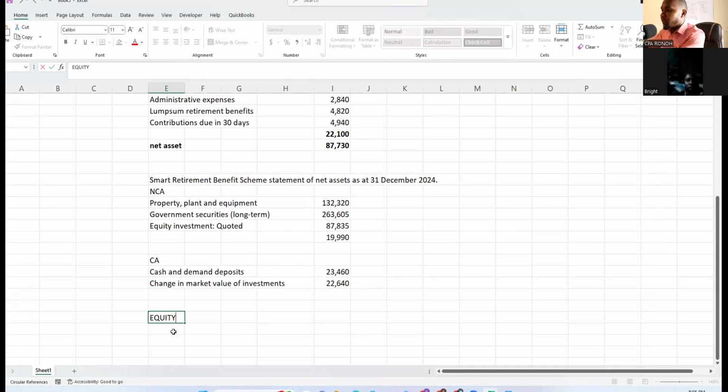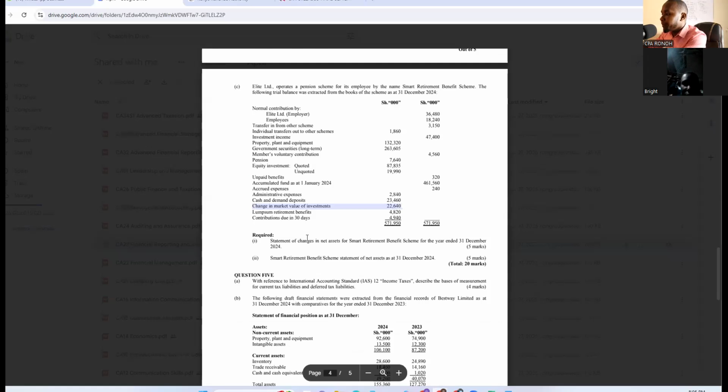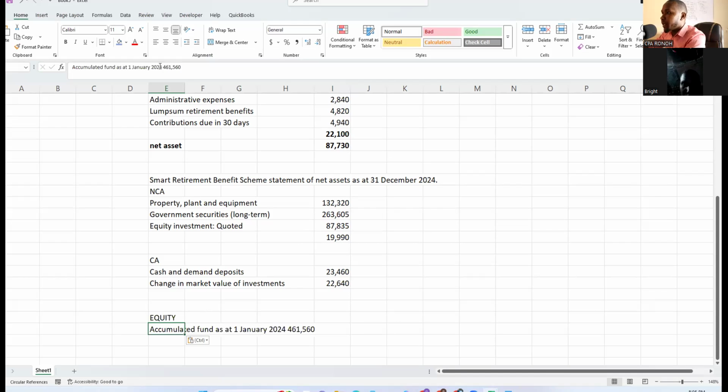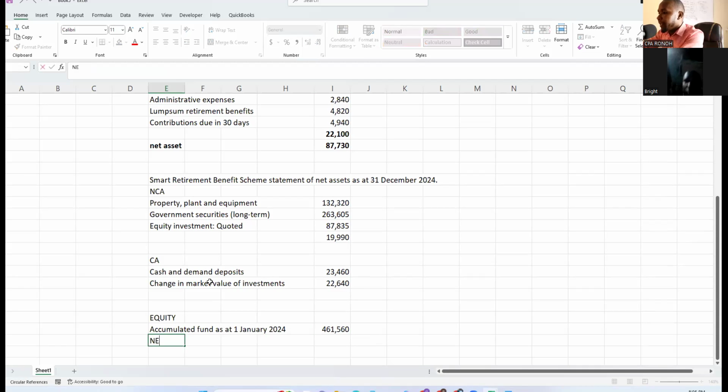And then we will have the equities. For the equity, in this case, we take the accumulated fund in the pension plan as part of the equity. So the accumulated fund, which is this, and then also we will take the net asset, the one we got here, which is this one. So we will also bring it here.